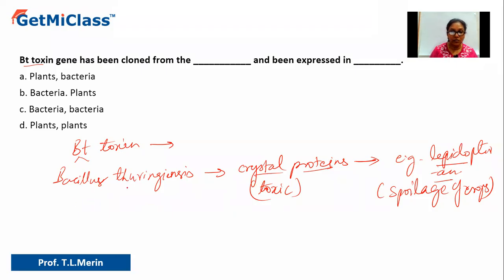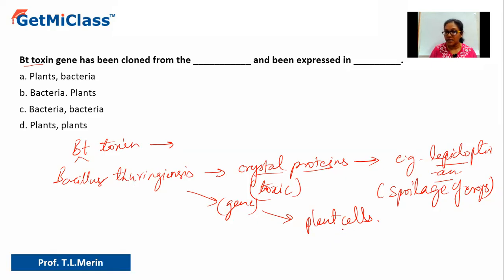So we take the gene for this crystal protein from this Bacillus thuringiensis, and this will be incorporated into plants or plant cells. Once the plant grows, after cloning, we will amplify this gene and then incorporate it into the plants.